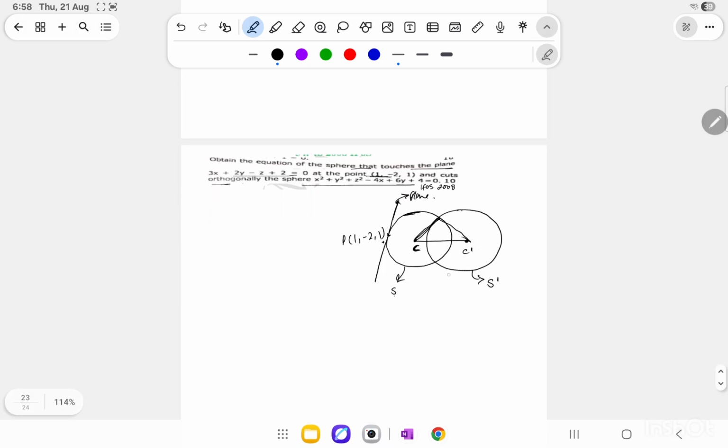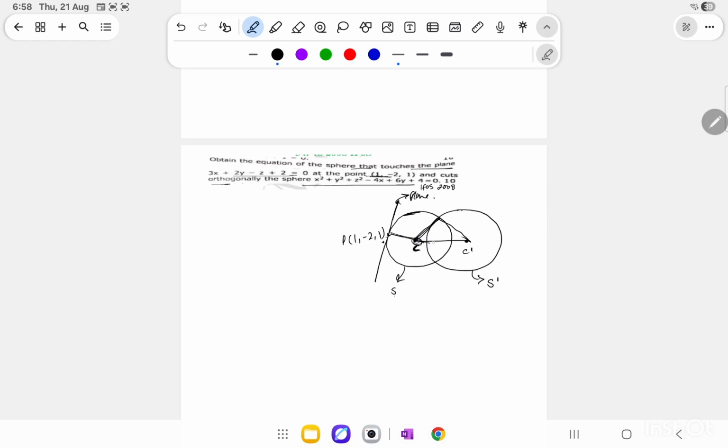Likewise, I can take the equation of the line passing via this point, and any arbitrary point on that line would be my center.